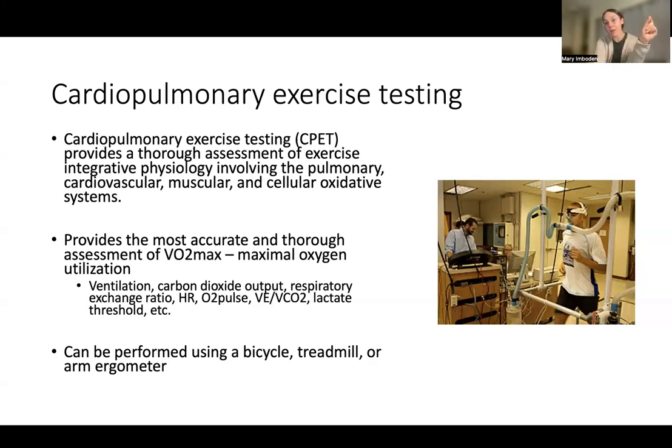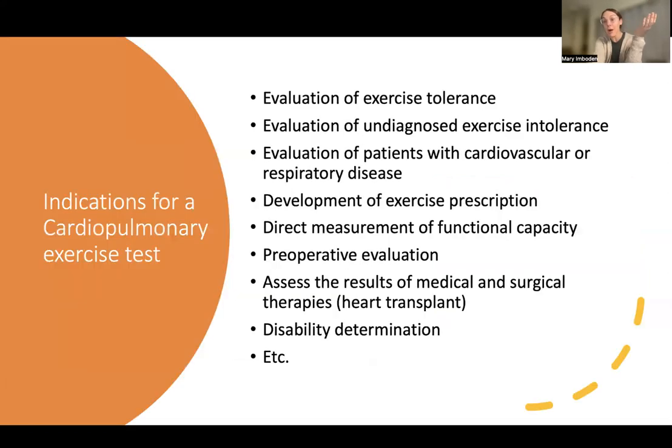And that's all based off research. So if someone's VO2 is low and their ventilatory efficiency is abnormal, they actually are predicted to have worse outcomes from the transplant, or potentially not see the benefits that other people do from a heart transplant, right? So anyway, those measurements are used in many different ways.